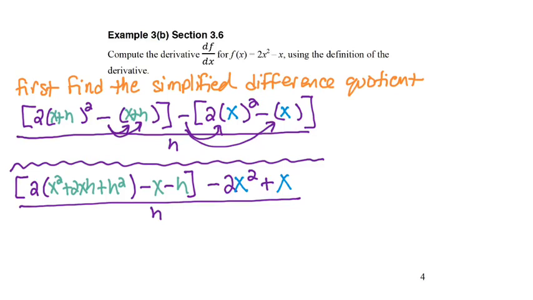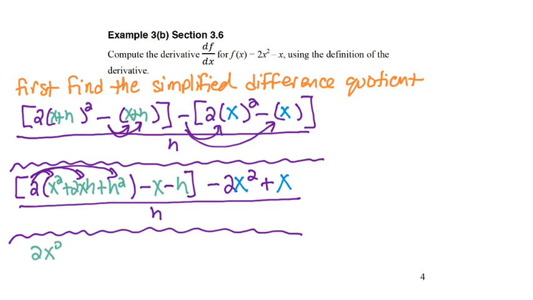Now last time after the initial distribution we were done, but we have a 2 that still has not been distributed. So we're going to distribute that 2. And don't forget that that middle term is going to turn into a 4 because of 2 times 2.